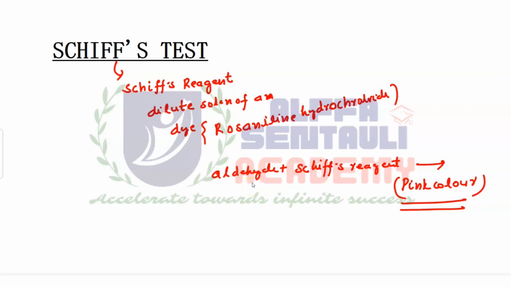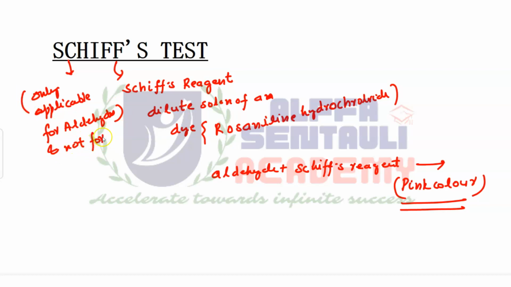Understood, beta? This test is only applicable for aldehydes, not applicable for ketones. Ketones will give a negative result.